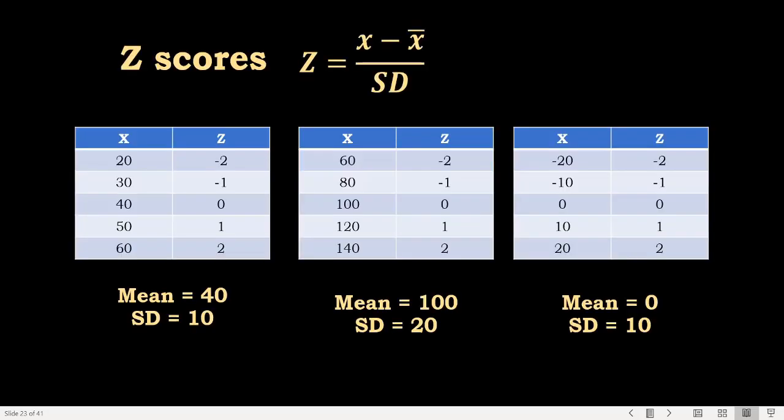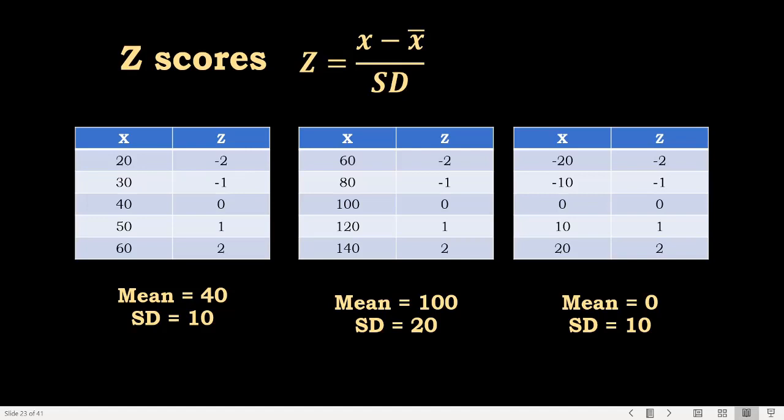So the z-score is calculated as follows. Z equals some value minus the mean from which that value was obtained, and then we divide that by the standard deviation.